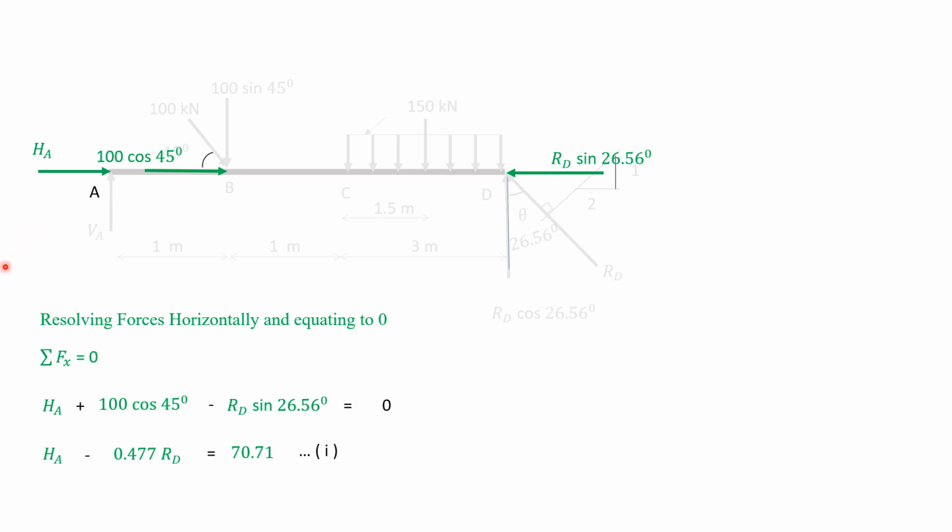Resolving forces horizontally and equating to 0. Summation Fx equal to 0. HA plus 100 cos 45 degrees minus RD sin 26.56, as it is directed to left, equal to 0.